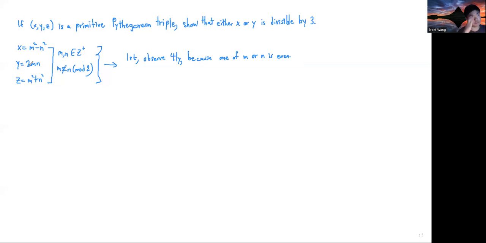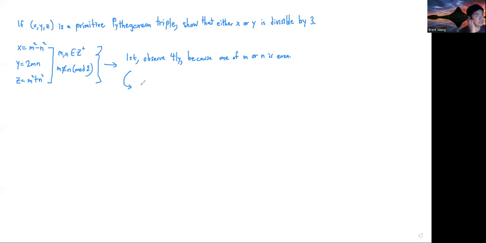Notice earlier in the video, I provided a bunch of examples for the y value. They all were divisible by 4, all the y values in those examples I gave. So 4 divides y for that reason. So now 4 divides y, and this will be important later.